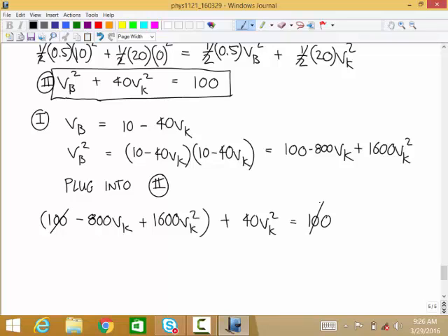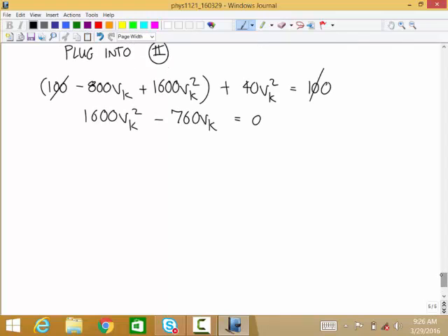Those 100s cancel in this case. And so you get 1600 VK squared minus 760 VK is equal to 0.